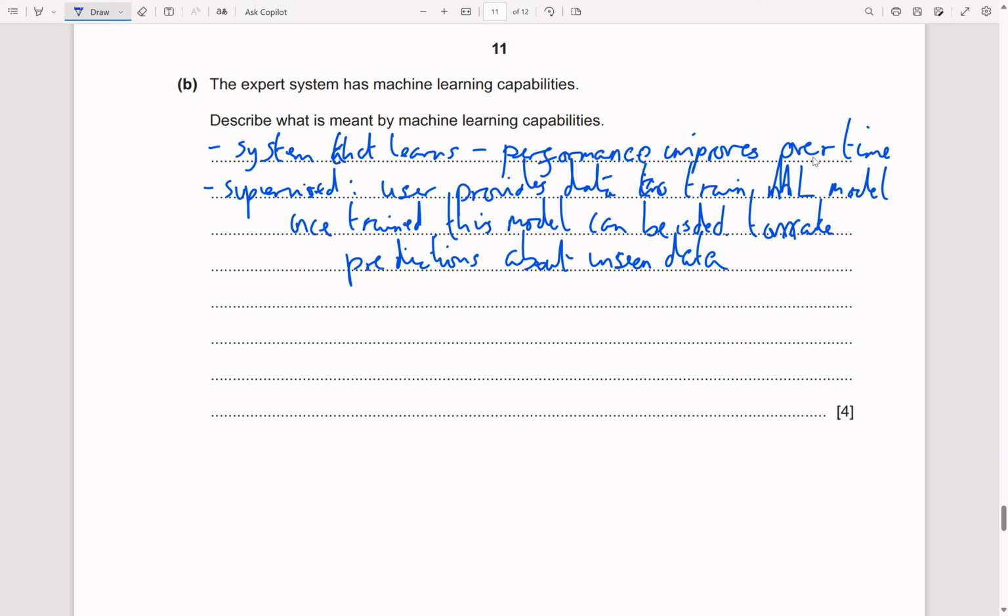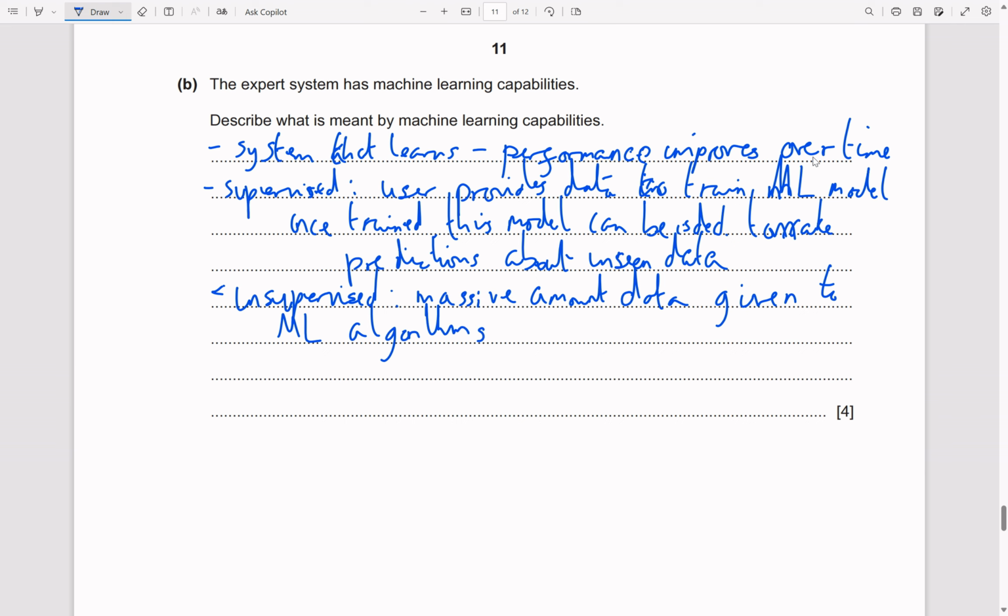Alright, and then let's say if we go unsupervised. So here, let's just say massive amounts of data are given to machine learning algorithms, which automatically create the machine learning model.